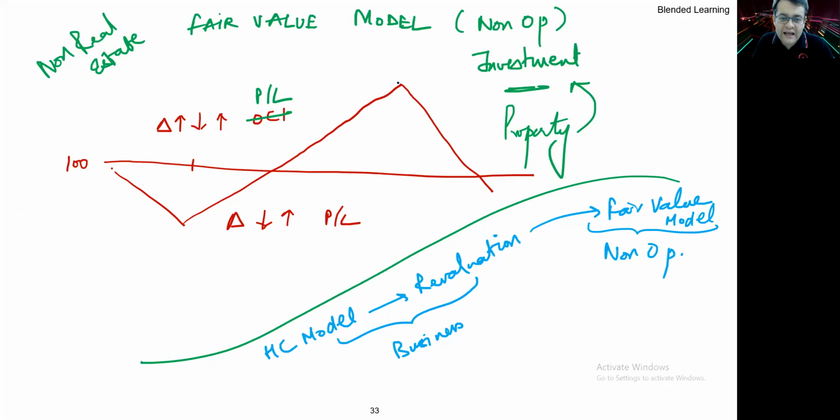The confusion point is that both revaluation and the fair value model use the same mechanism. Mark to market, any value could be taken by the machinery even above historical cost. Everything is the same except that no OCI is in my life, and I'm talking about the fair value model in terms of investment property. It's a little manipulative, as you can guess, that it gives me as an accountant the power to bring any gain, infinite amount of gain, into my P&L and color the financial performance very positively or in any manner that I want to.